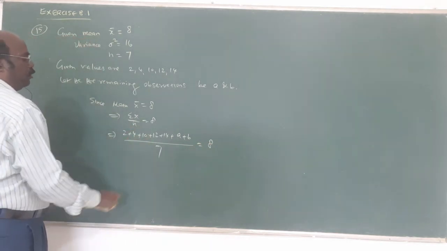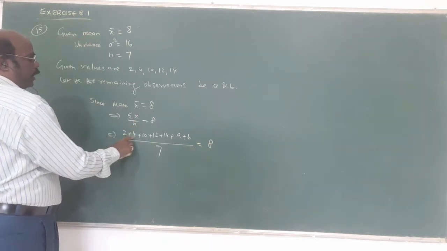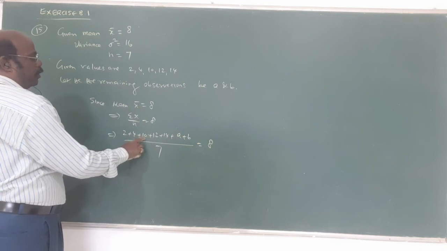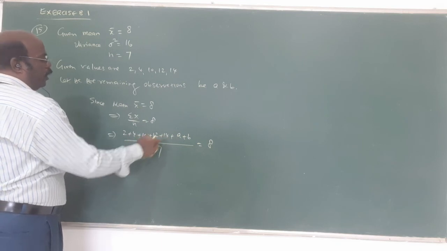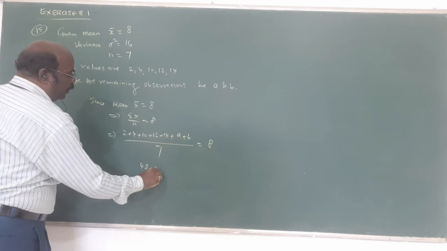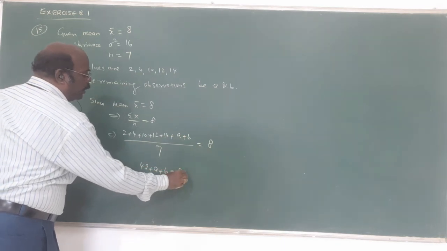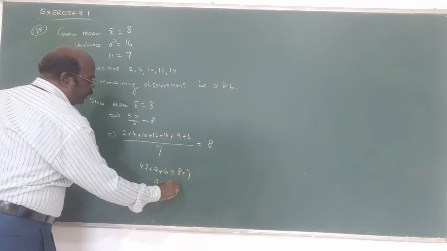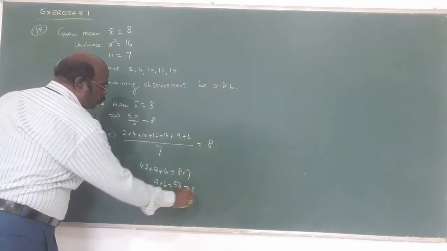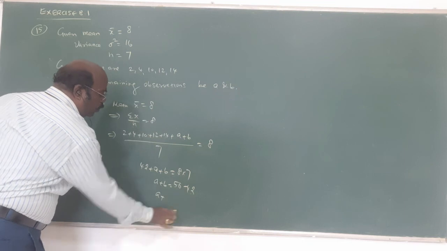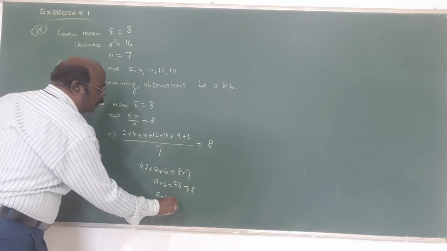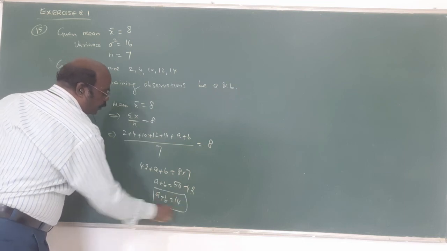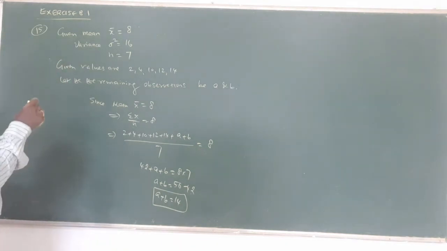Now adding all the values: 42 plus A plus B equals 8 times 7, which is 56. A plus B equals 56 minus 42, which is 14. Okay? From the main idea, you find A plus B equals 14.